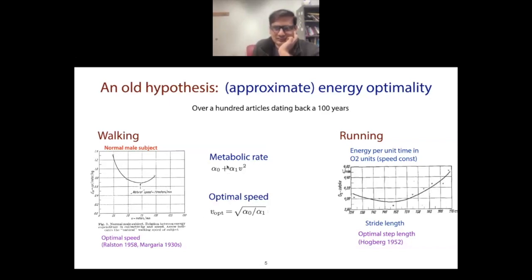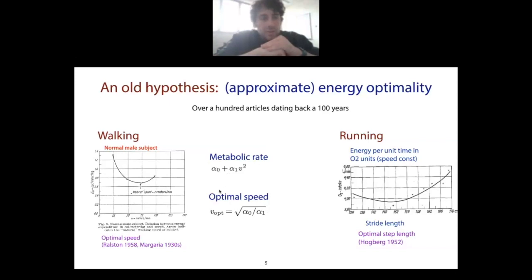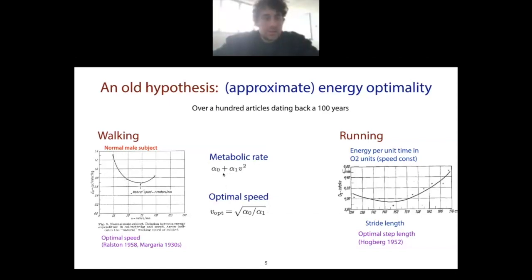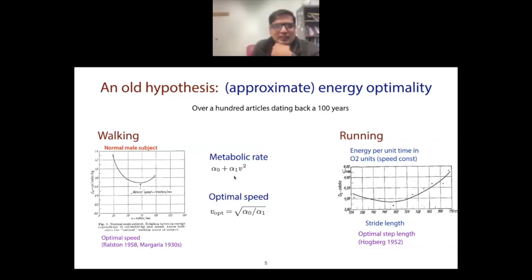Yeah, the other thing I had in mind related to this curve, it almost looks more like a catenoid. That's interesting. Thanks. But if you actually take this expression to heart and plot it, it's unclear to me if Ralston exactly plotted this one. If you plot specifically the divided by V version of it, alpha naught by V plus alpha 1 V, which is what should be plotted here, energy per unit distance, that would have an asymptote.